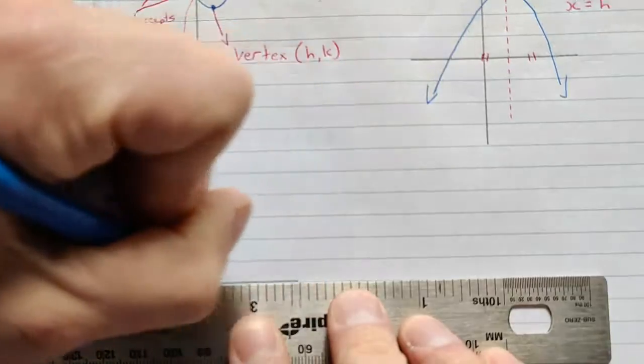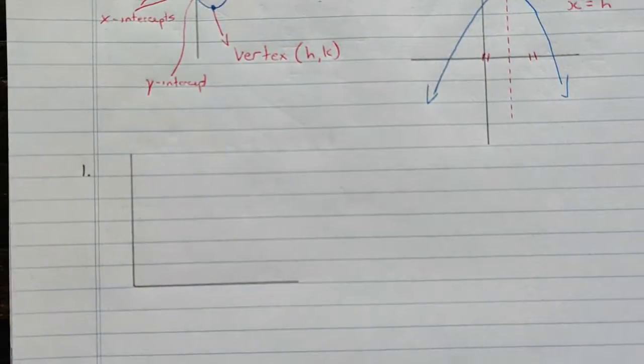I don't need negative values in this case because our object is traveling only in positive height and positive distance. If we had negatives in there, negative height would be going underground in this situation, and negative distance would be traveling behind us.